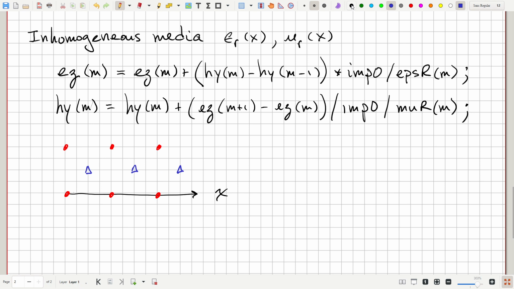And what that meant was our absorbing boundary conditions over on the left had to do with this operation here, where the electric field at m equals 2 was then assigned in the next time step to the m equals 1 value. And on the right, we did that with the magnetic field.